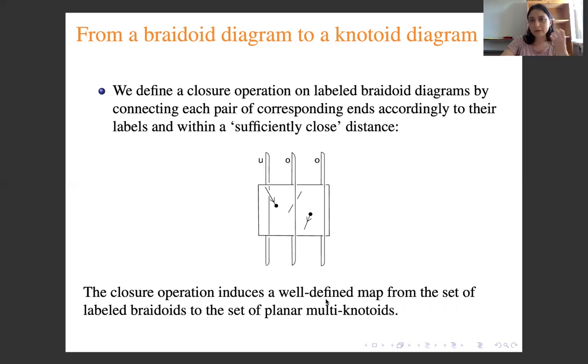So the reason why we consider the connection or the closure takes place in a sufficiently close distance here is that we don't want to meet with any forbidden move between any two connection arcs. For example, I could just close these corresponding ends here by using another connection arc, but comparatively far away from the vertical line of the corresponding ends here.